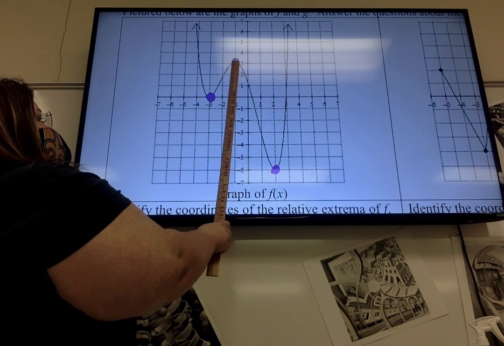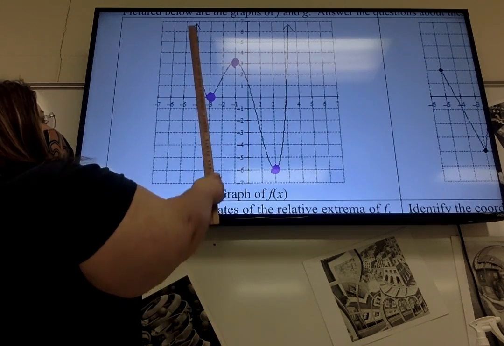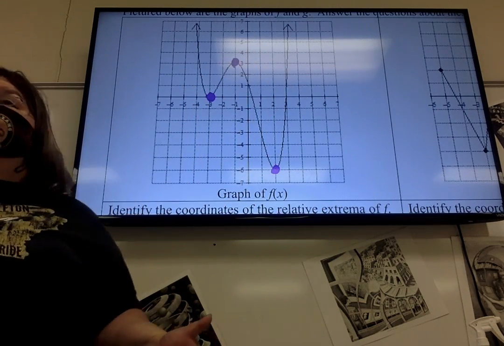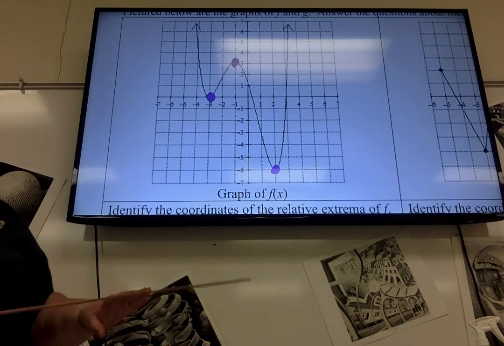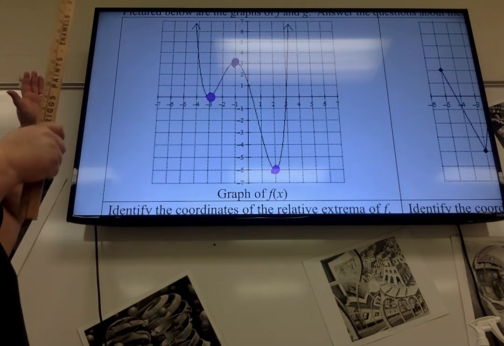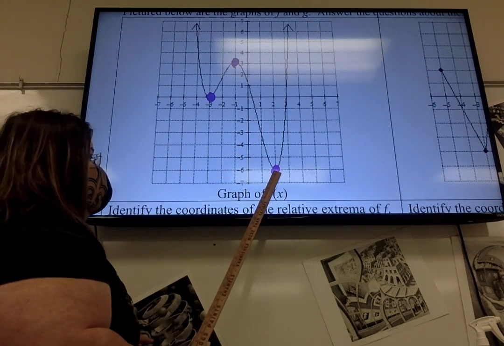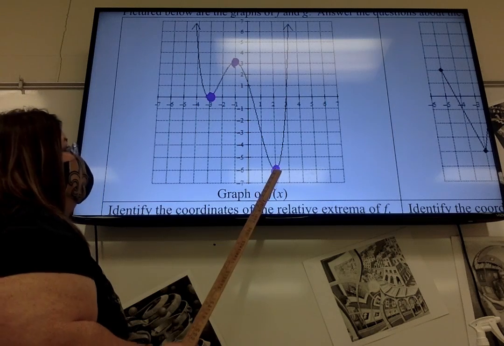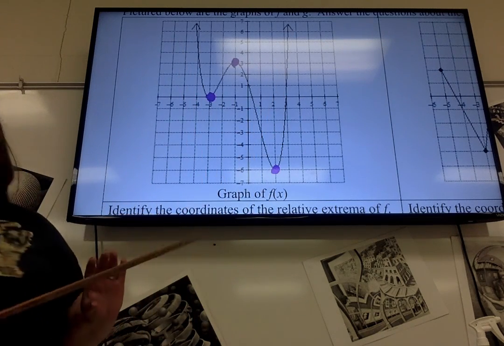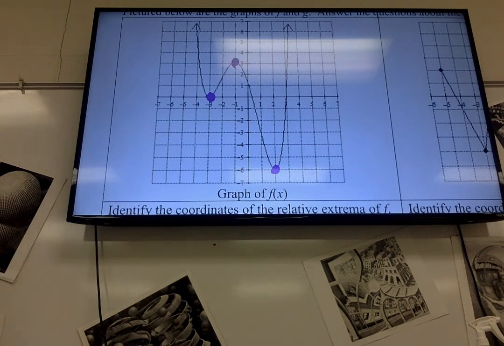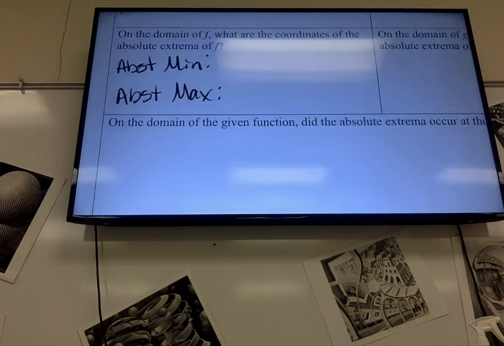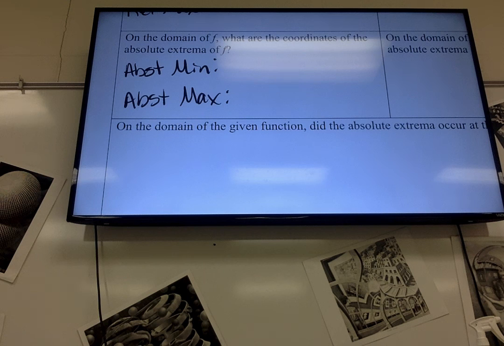Is there anything higher than that? Yeah, all these. It keeps going forever, infinity. So there really isn't a maximum. Because it carries on up forever, we don't have an absolute maximum. But we do have an absolute minimum, because there's no point that's going to be below this, because both these arrows are pointing up. So the absolute min is the lowest point, which was (2, -6), and there is no absolute maximum.